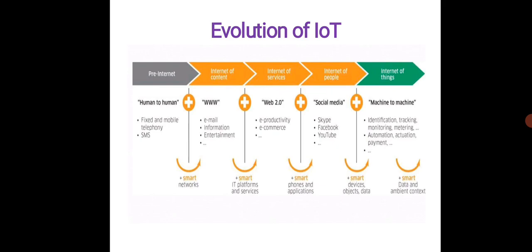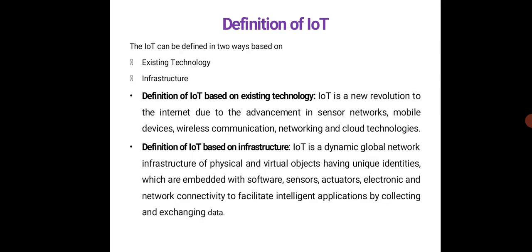At every stage it keeps adding smart phones and applications and smart devices, objects, data, and finally the Internet of Things, which is machine to machine communication used for smart data and ambient context. Identification, tracking, monitoring, metering, all the automation aspects come under the Internet of Things.